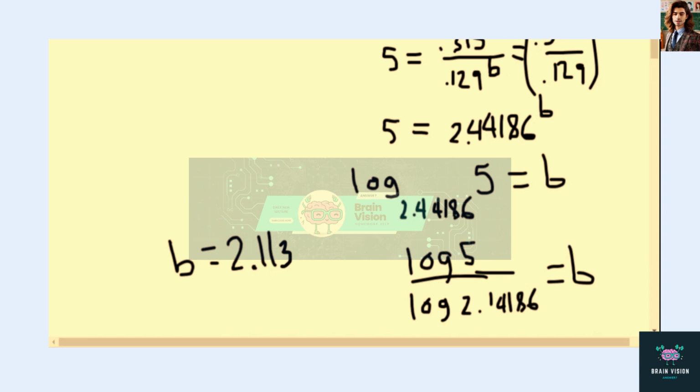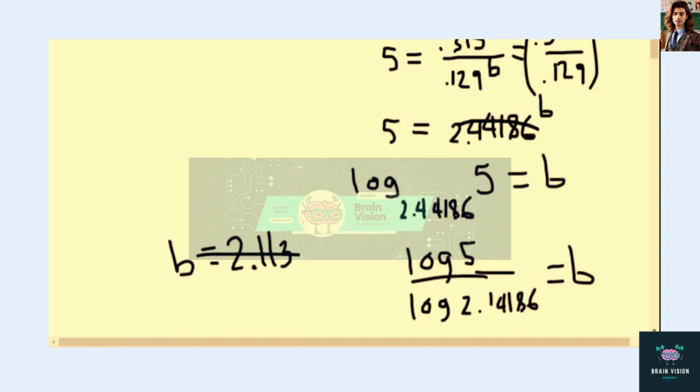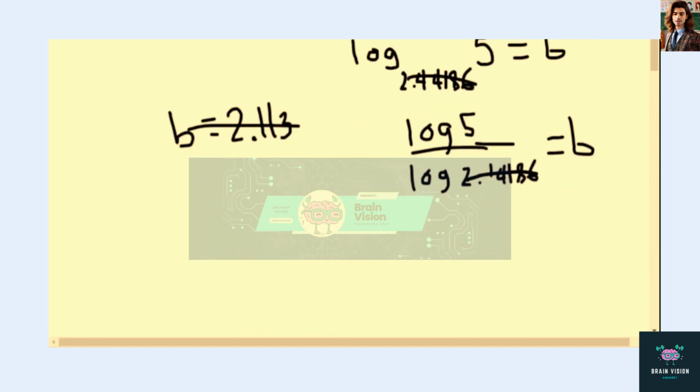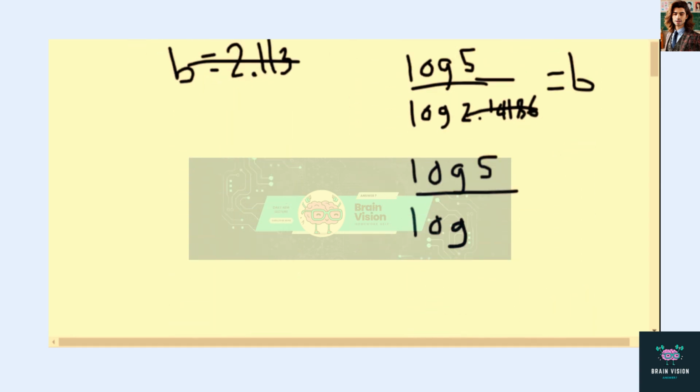All right, and apparently me keeping all of these digits up here was not enough, because that answer is far off. So wherever I see this 0.214, I'm going to put in the log of 0.315 divided by 0.129.